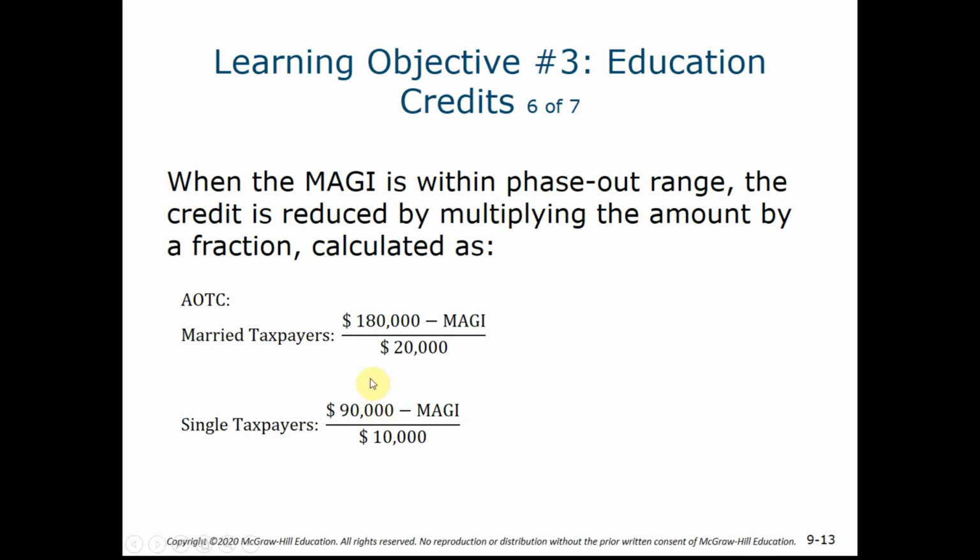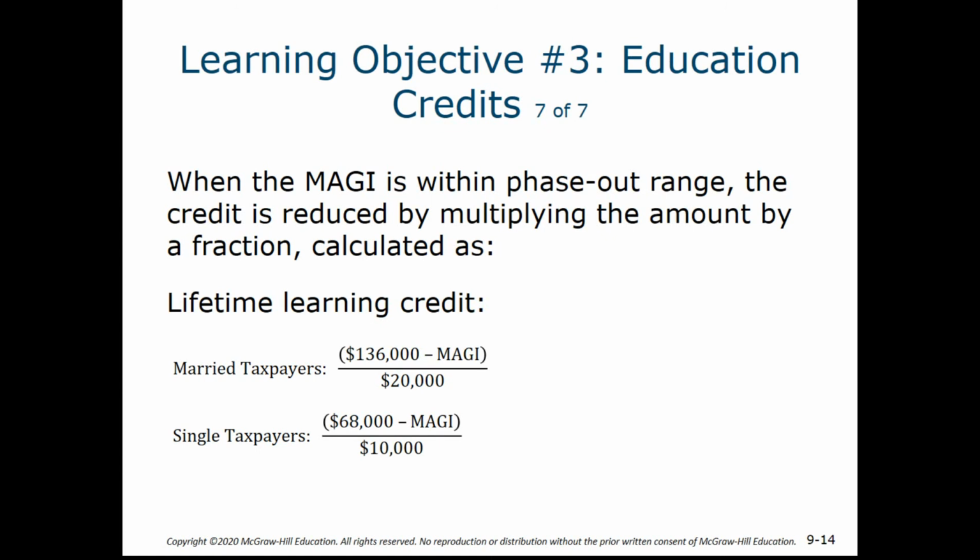And this will give you then the amount of the phase out. Lifetime learning credit calculation is very similar, different numbers of course, but again we have the $136,000 minus MAGI divided by the range for married, and same is true for single taxpayers. And you can see the phase out range is a little bit lower for the lifetime learning credit than it is for the American Opportunity Tax Credit.